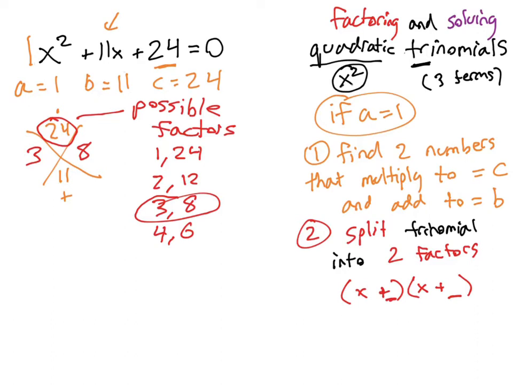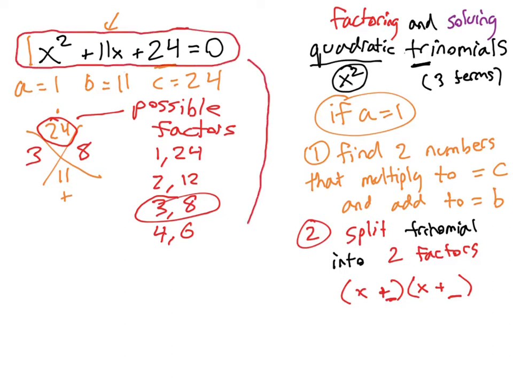And those numbers are what we got from our puzzle in step 1. So we're going to take this entire equation that we have here and split up the polynomial on the left to rewrite it as x plus 3 times x plus 8. And this equation is still all equal to 0.